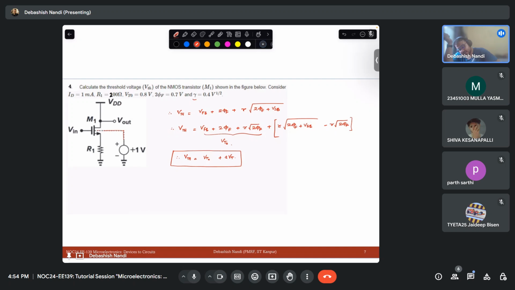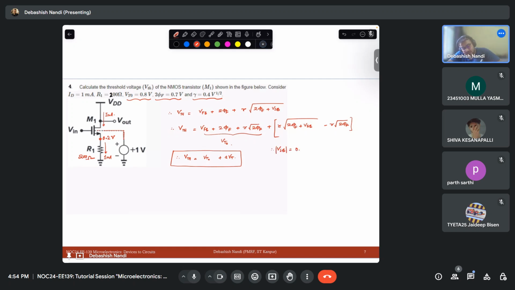So your gamma is given, 2 phi f is given, VT0 is given. Now you need to find out, for example, your ID is flowing 1 milliampere. So this ID will flow through this also, and this resistor is 200 ohms. So what is this voltage? 0.2 volt. So if it is 0.2 volt, then what is your VSB?